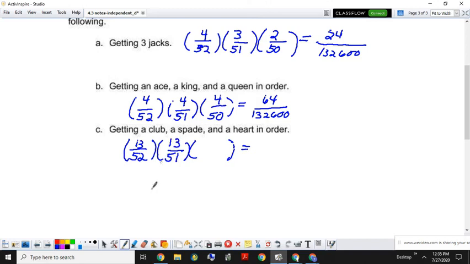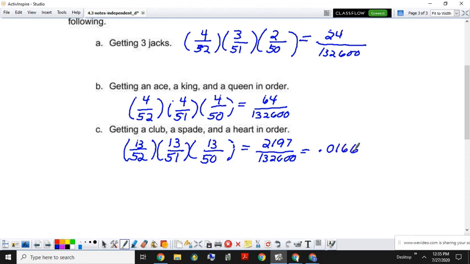Still 13 spades. Next one, 50 cards left. And a heart, 13. This is really huge. This is like 2,197 over 132,600. And if it were me, I would just change that to a decimal.